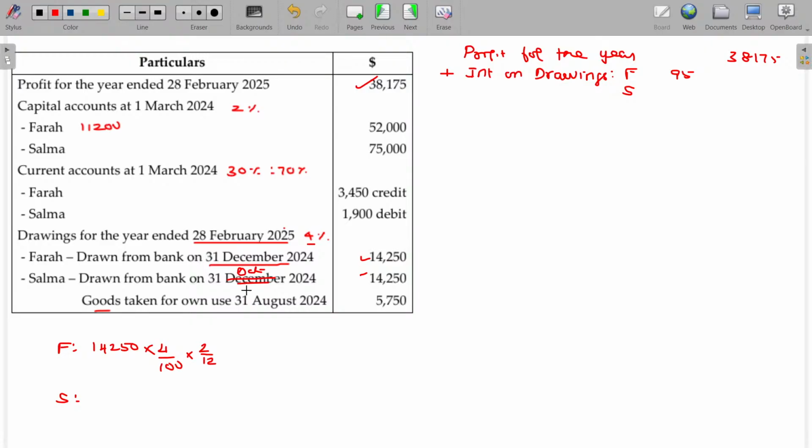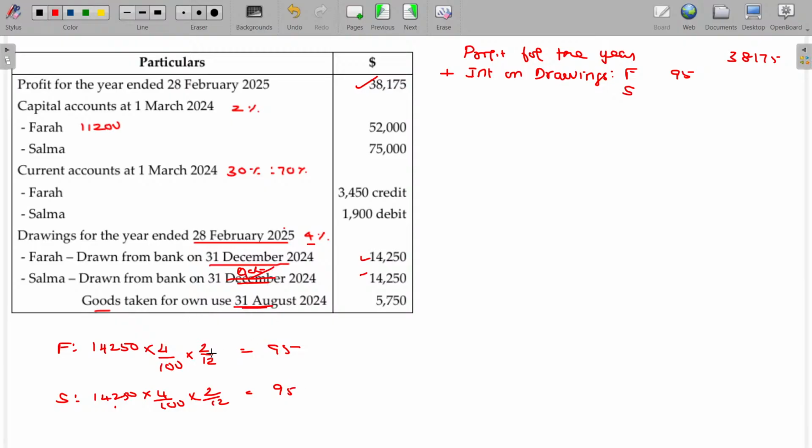You can stand corrected. Is it October? December. Okay, then no problem. So here 14,250 into 4 months into 2 by 12, 95. Yes, this is correct only.